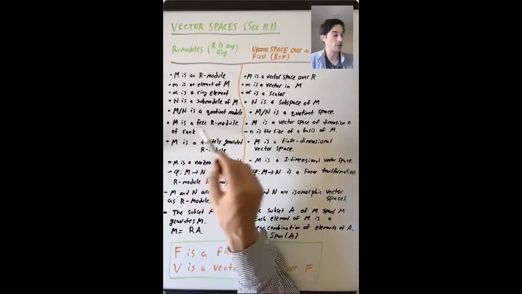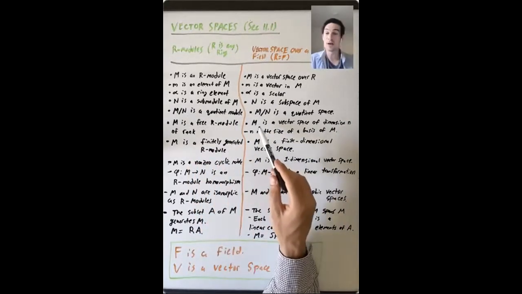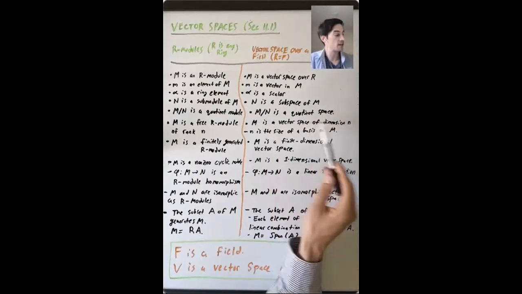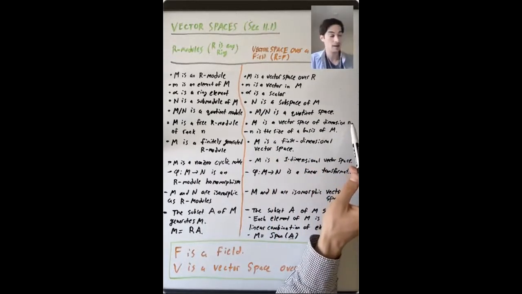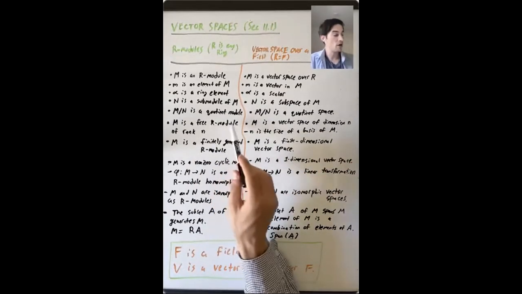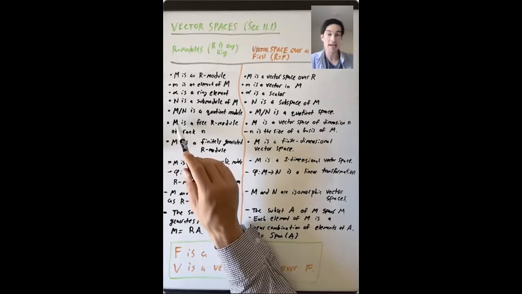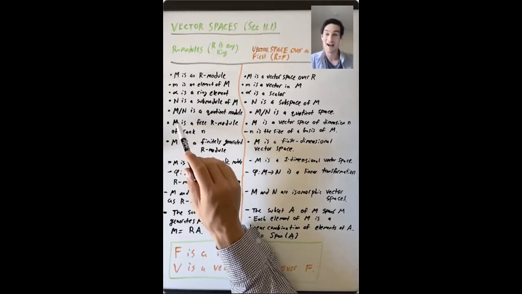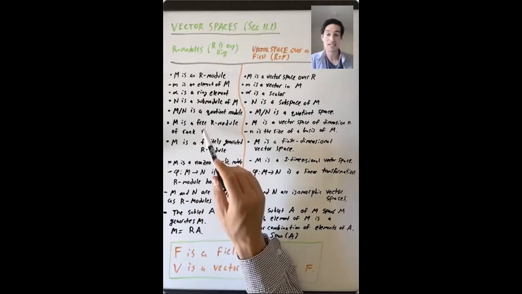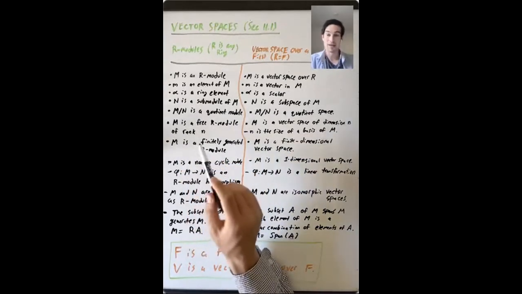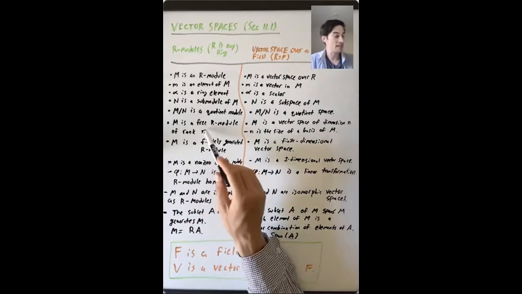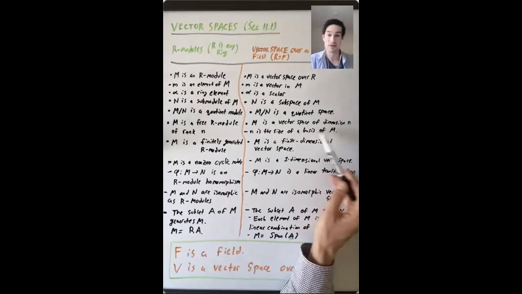M is a free module of rank n. This we'll come back to more in this lecture. That corresponds to saying that M is a vector space of dimension n. Being a free R module of rank n means that there exists a subset A inside your R module M of size n that is a basis for M. So you have a basis of size n, and that's what it means over here too.